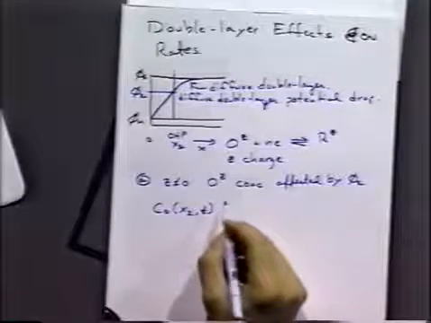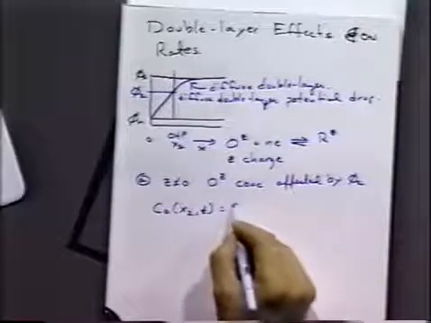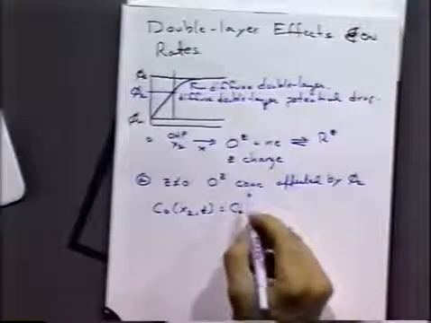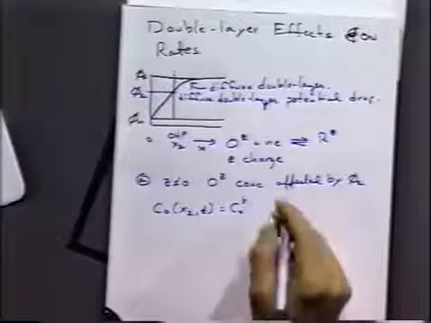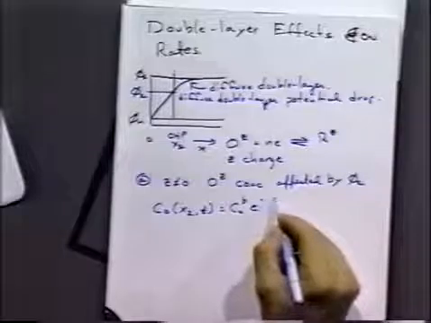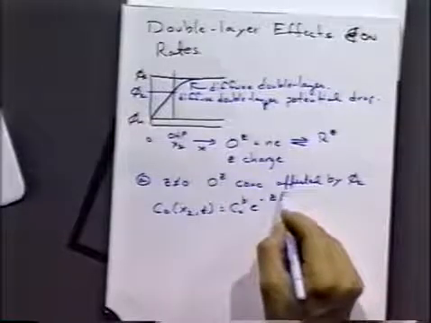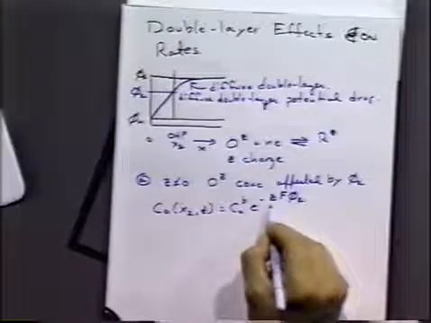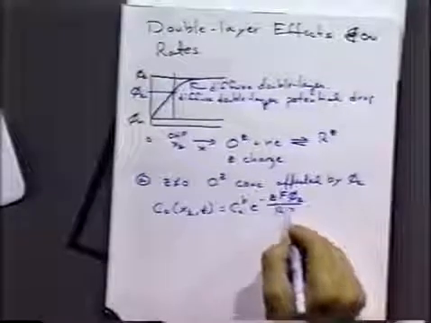So that's 0, and that's x going this way. The concentration of O at x2 as a function of time is equal to the concentration of O in the bulk times e to the minus zF phi 2 over RT.